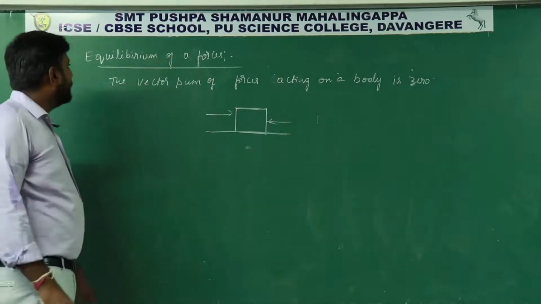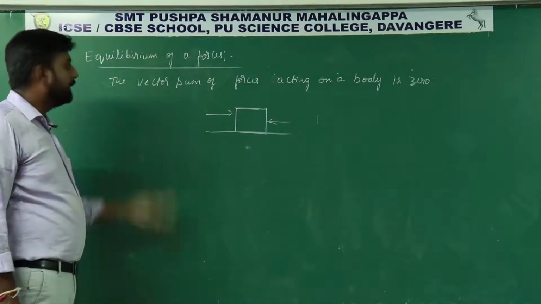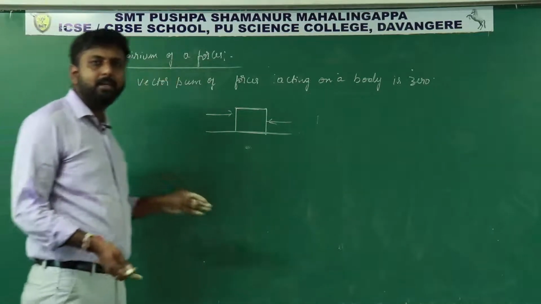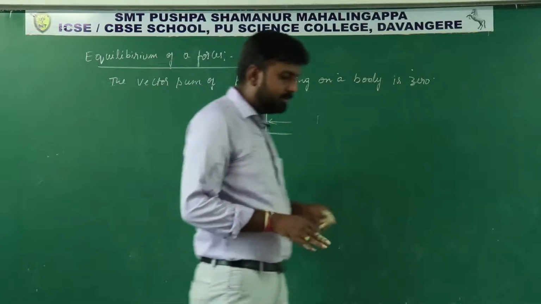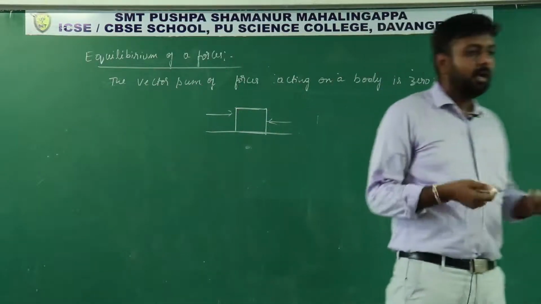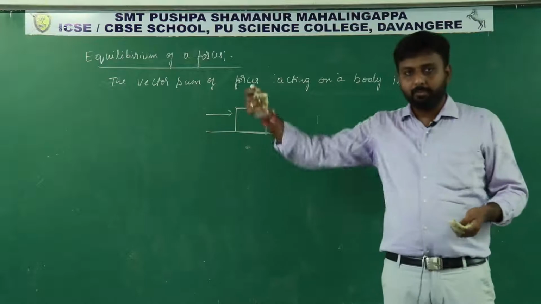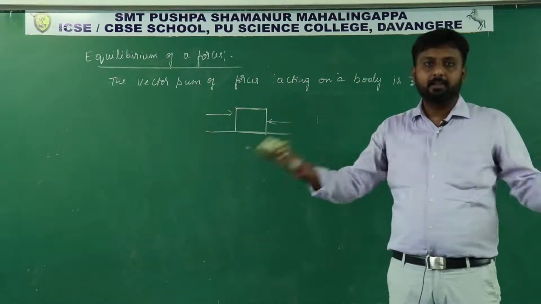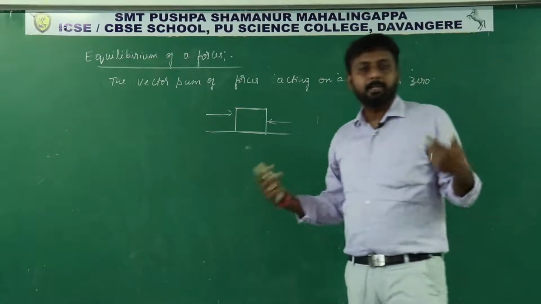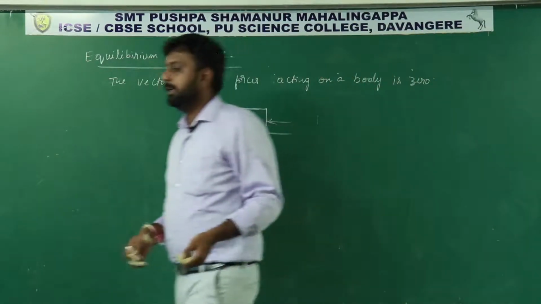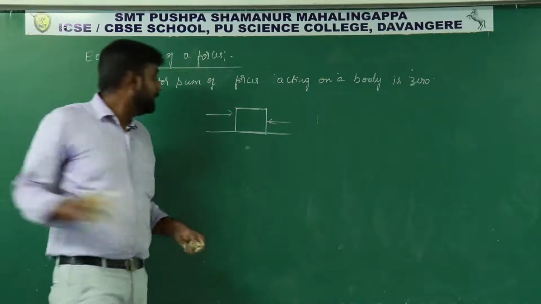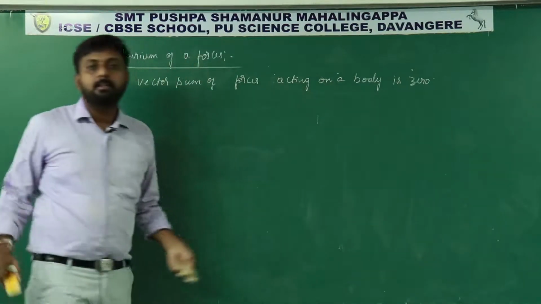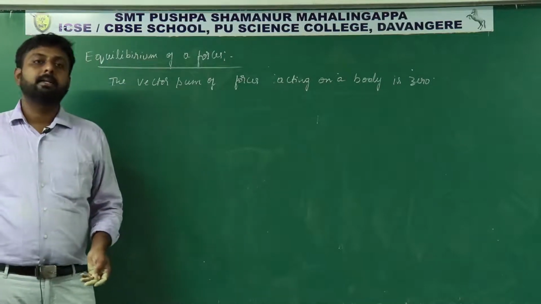So we can say the forces are in equilibrium. They are compensating. Various forces may act, still the body is at rest, means the forces are compensating each other. Maybe one force acting in this direction, another force is acting in this direction. They may cancel each other. Because of that, the body is at rest. Then we can say that the body is under static equilibrium.